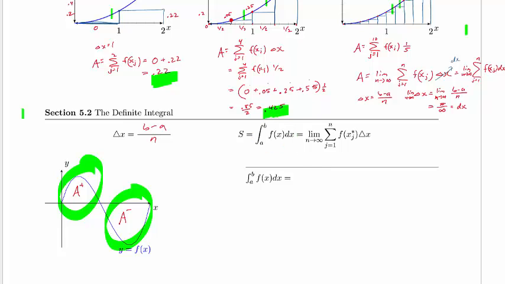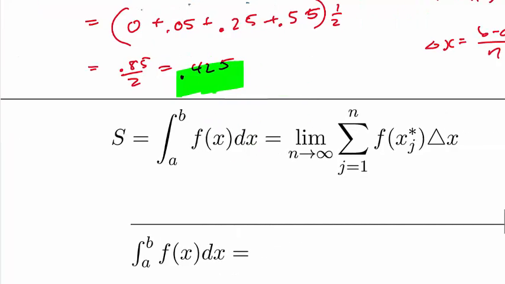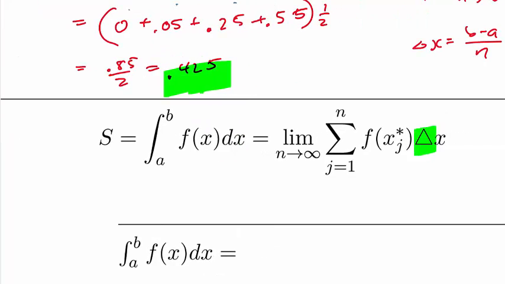This simply means the area under the curve from A to B of f of x dx. Now we got f of x, that's the function we're finding the area of, and then we have A to B here. Then we have this dx, and this dx covers this guy. It's analogous to this guy. We covered that up above, and there we are.